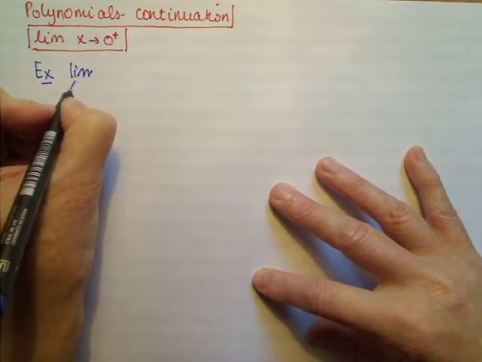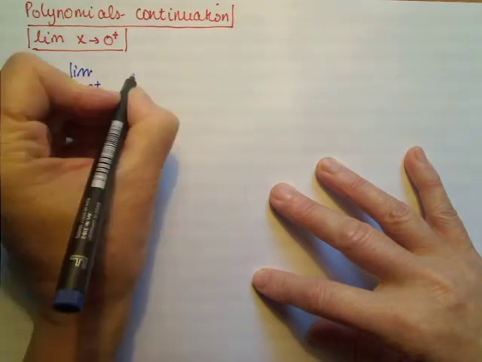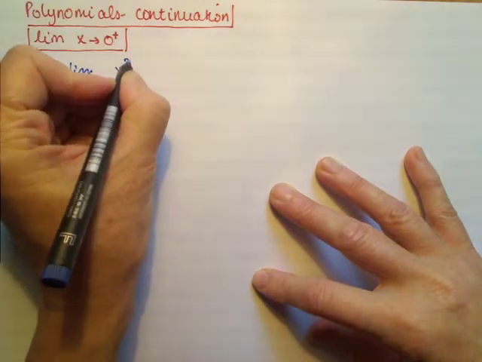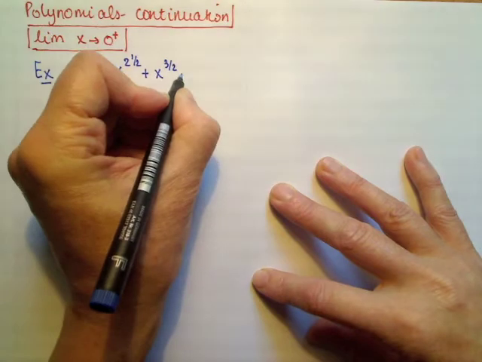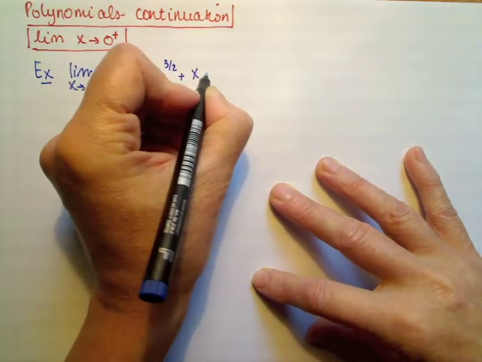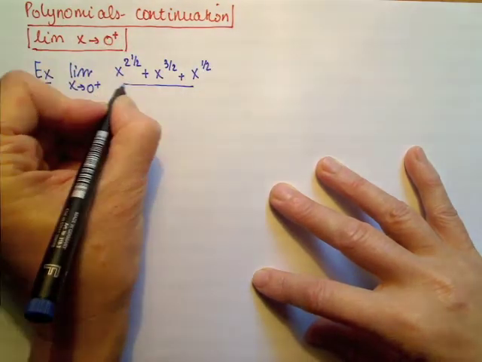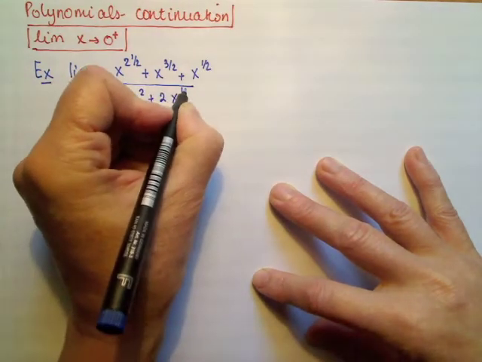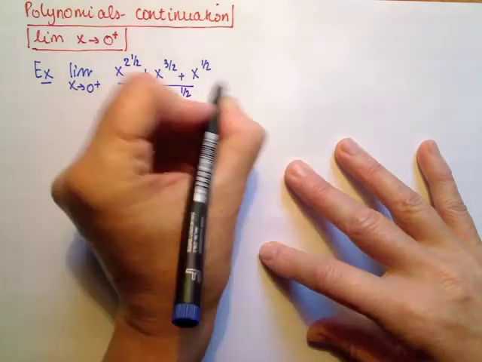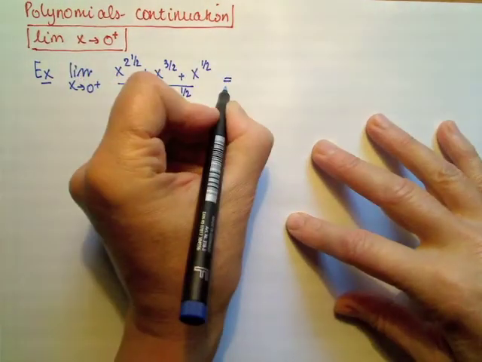We consider the limit for x tending to 0 of the function x to the power 2.5 plus x to the power 3/2 plus x to the power 1/2 divided by 2x squared plus 2 times x to the power 1/2. Now the first thing that you do is to simplify.